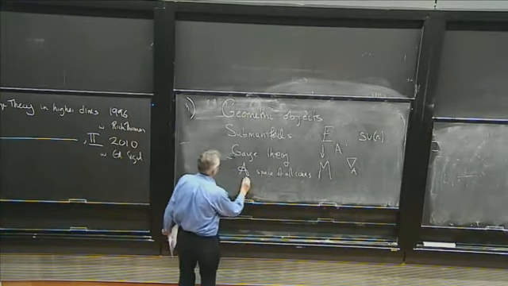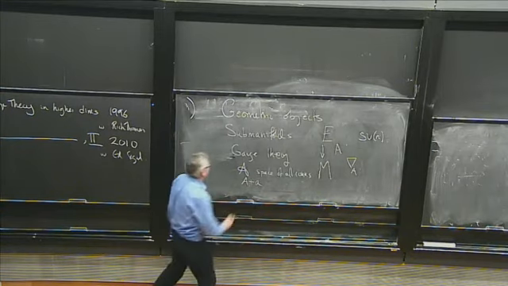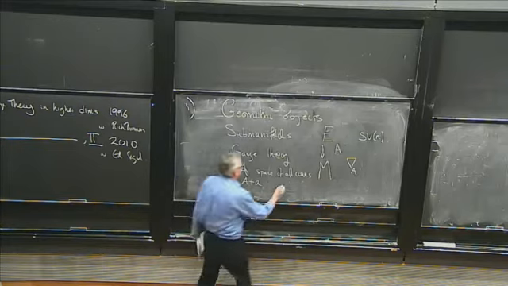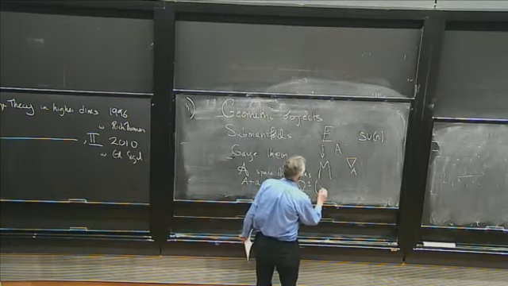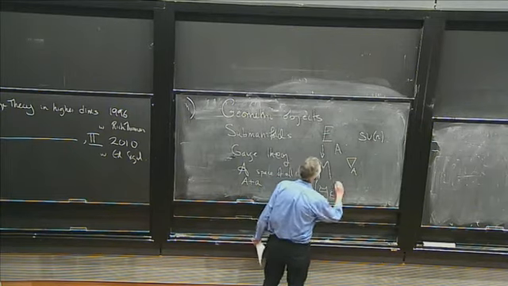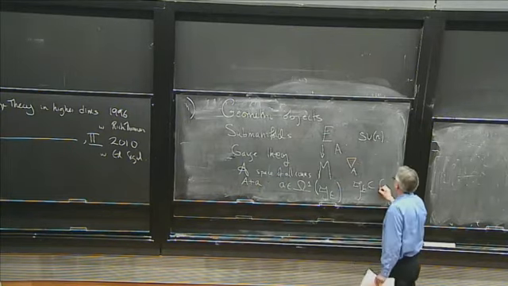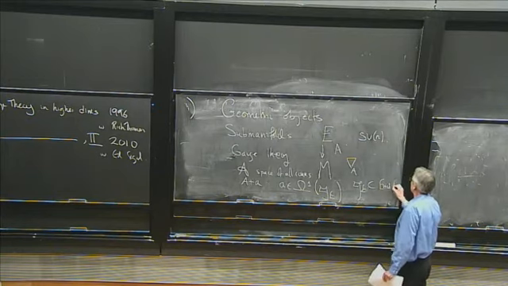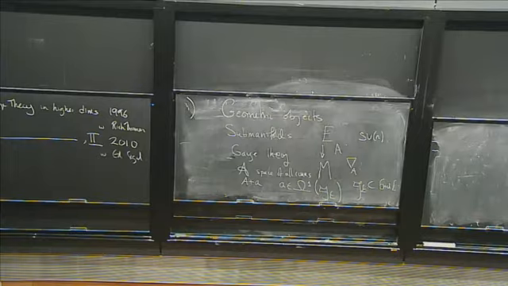So if we have a connection A, we can consider another one, A plus little a, where little a is a one-form with values in the sub-bundle of End E corresponding to the Lie algebra of SU(n), just the skew-adjoint endomorphisms.